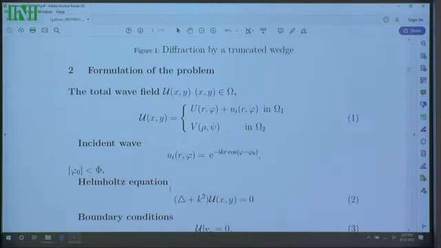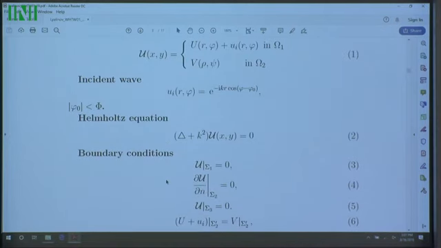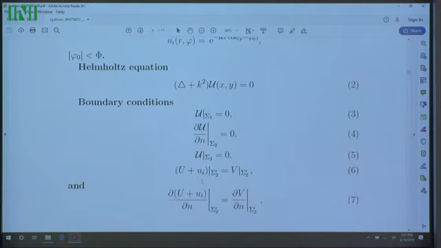The total field satisfies the Helmholtz equation, and for simplicity, in order to have a non-trivial but as simple as possible problem, we consider a perfect wedge, which means that Dirichlet boundary conditions are valid on the semi-infinite sides, here and here, and a Neumann boundary condition is valid on the finite segment of the boundary. Also, as I have said, we require two continuity conditions across the artificial boundary sigma 2 prime.